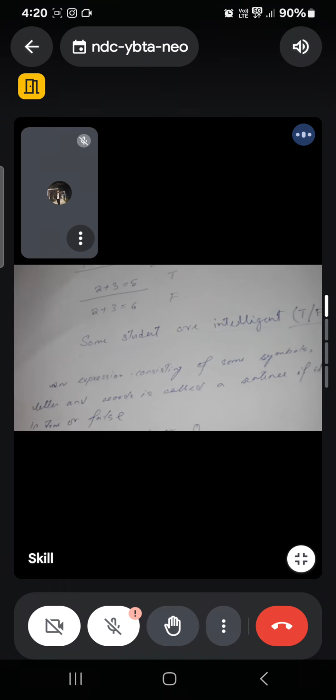I'll tell you what this is. Atomic, you can say, or simple, or single. And the complex ones we can form by negation.